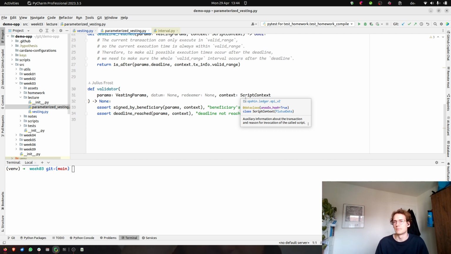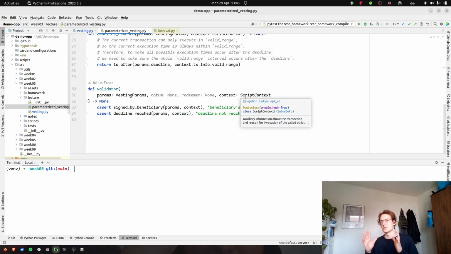This is a bit non-Pythonic, but it comes from the functional world, where if you have a 4-parameter function and you apply 1 parameter to it, you don't get an error that 3 parameters are missing, but instead you get a 3-parameter function, and then you can supply the remaining 3 parameters as you wish. And that's what we are doing here. We define a validator that takes 4 arguments, and then at compile time we add the first argument.